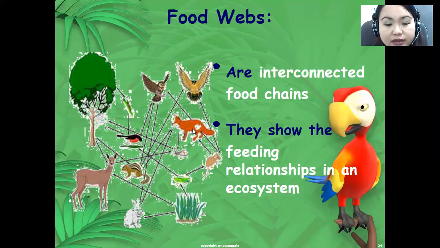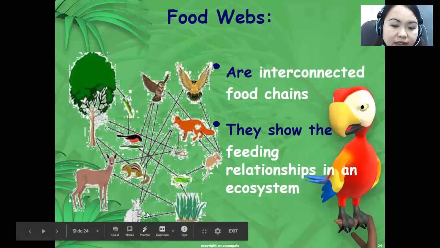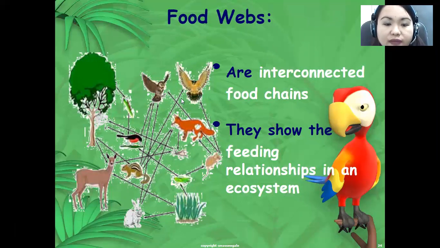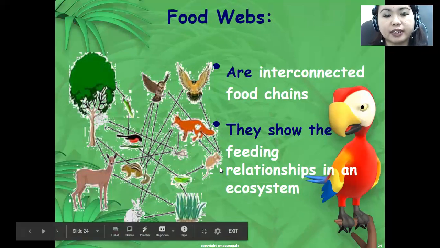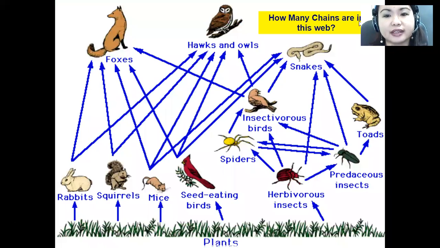Let's just say wild dogs. The wild dogs could be the last consumer, but you can see here that the rabbit eats the plants and the rabbit is eaten by either the wild dog or the wolves and the owl and so on. So they show the feeding relationship in an ecosystem wherein there is interaction.